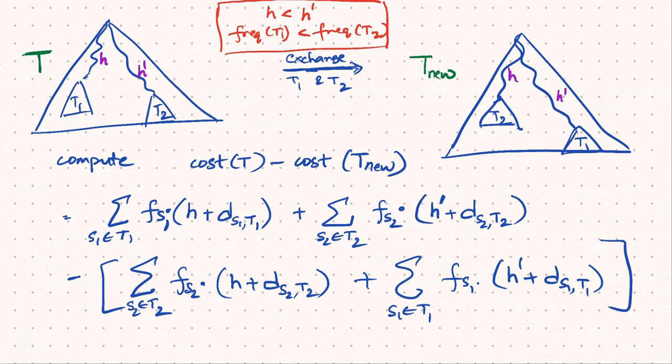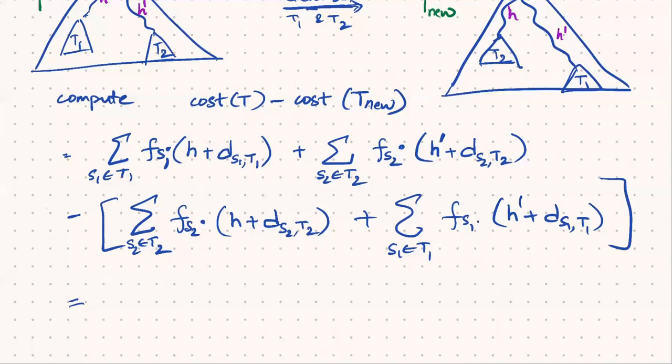So now what do you notice? Can you take some time and compute this? There's a lot of terms that will cancel out. What are we left with? I'll let you do the simplifications.